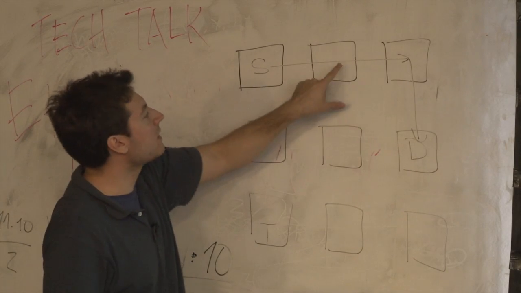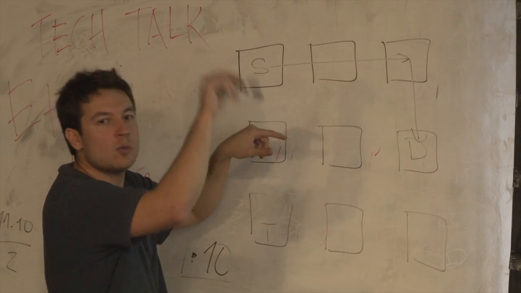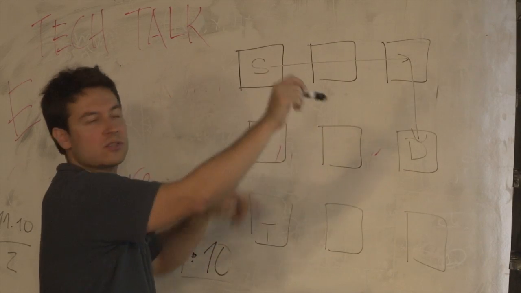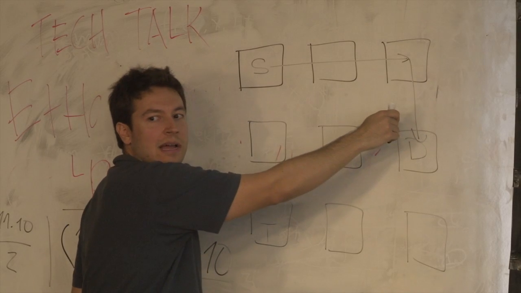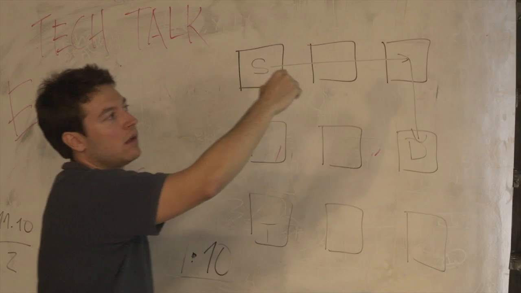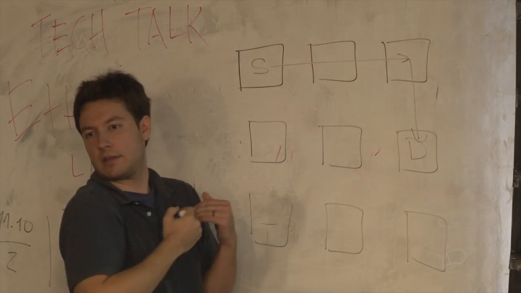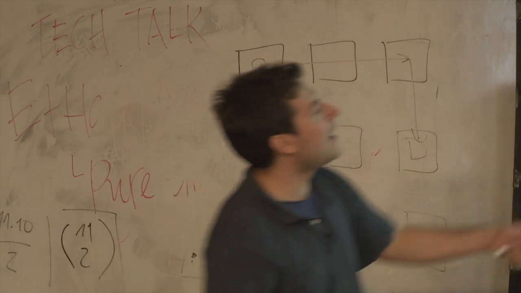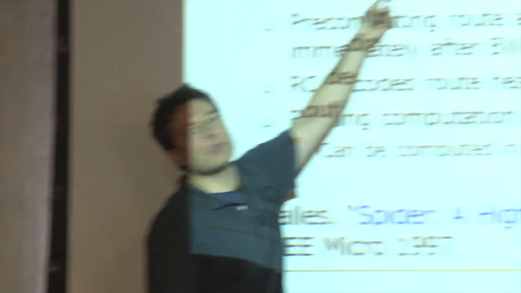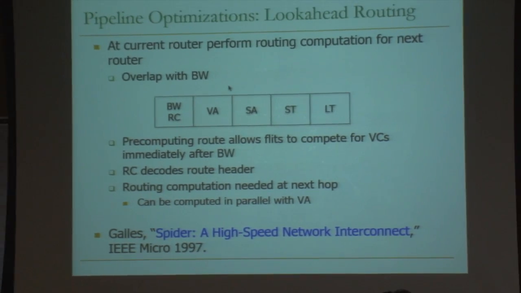And the same here: this router can tell the next router, by putting 2 bits in the packet as a hint, which direction it's going to go. You're going to go downwards afterwards. So this router doesn't need to devote a separate cycle to routing computation; it can be pre-computed at the stage before. That way, as you're writing to the buffer, you also get the route computation that was done by the previous router. So you shaved off a cycle.